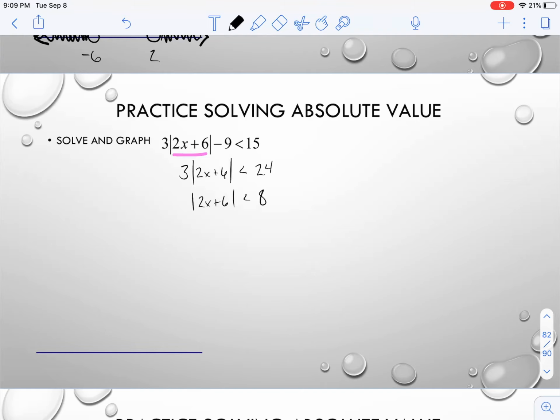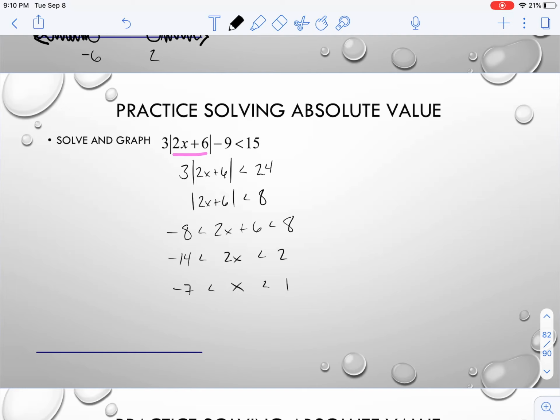Again, here I have an absolute value that's now isolated less than a quantity. I'm going to write a 3-part inequality. So -8 less than 2x plus 6 less than 8. I'm going to subtract 6 on all 3 parts. I'm going to have -14 less than 2x less than 2. When I divide all parts by 2, I get -7 is less than x is less than 1.